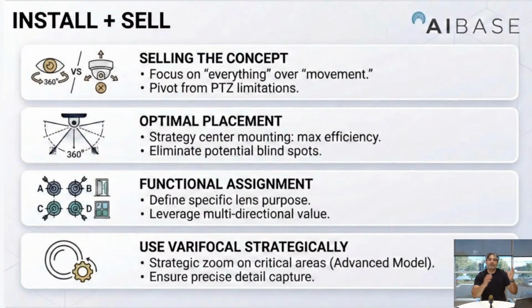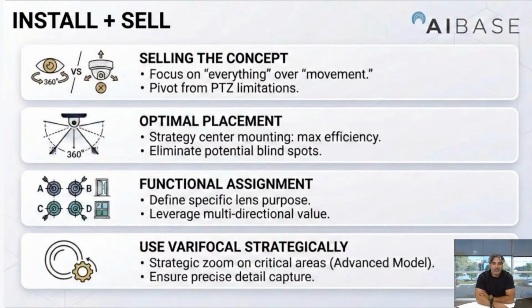Myself and our project partners have mounted these cameras on the corners of buildings to give you that view from a corner, especially to remove blind spots. But if it's indoors, it's usually mounted in the center, and each lens should have a defined zone to cover. That's the value of this camera.